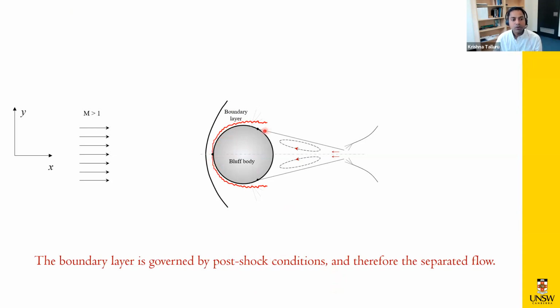And so anything that happens within the boundary layer, such as flow separation, is also going to be governed by the post-shock conditions rather than the pre-shock conditions. So that is one key inference I make, which tells us we could possibly use a different velocity scale. We'll revisit this statement again.